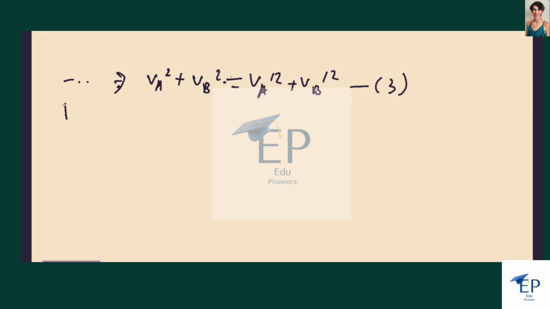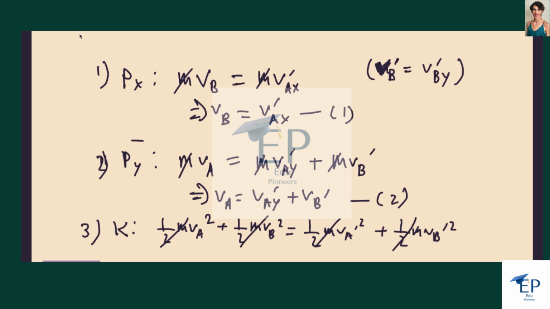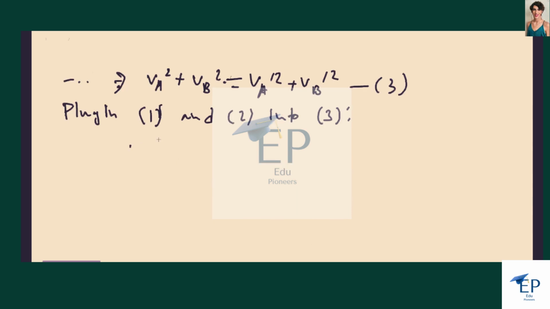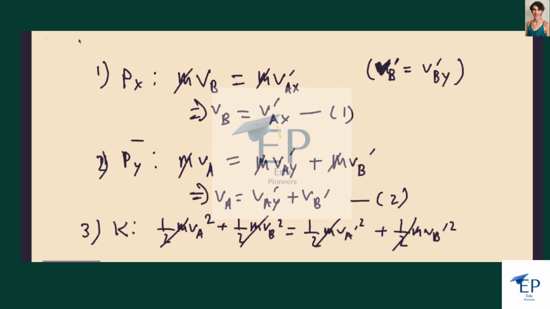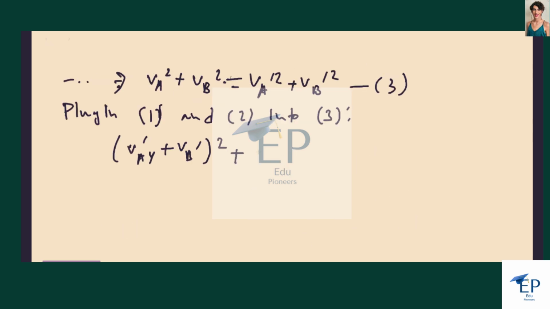Now what we're going to do is plug 1 and 2 into equation 3. vA from equation 2 is vA y prime plus vB prime, so vA squared becomes (vA y prime plus vB prime) quantity squared, plus vB squared, where vB from equation 1 is just vA x prime, so vA x prime squared, equal to vA prime squared plus vB prime squared.